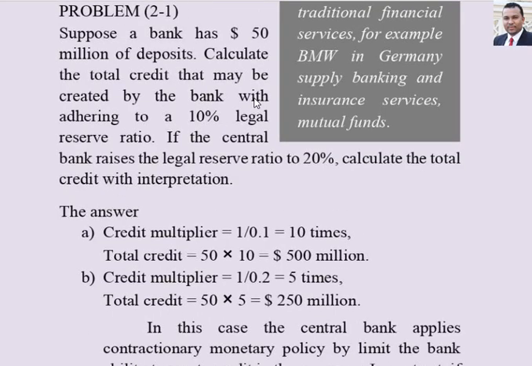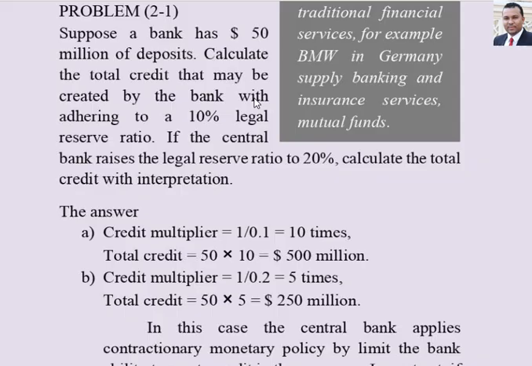In this problem number 2.1, we explain the role of the central bank as the manager and head of monetary policy, and how the central bank can use tools and measures to expand or contract the credit stock, or the credit level.